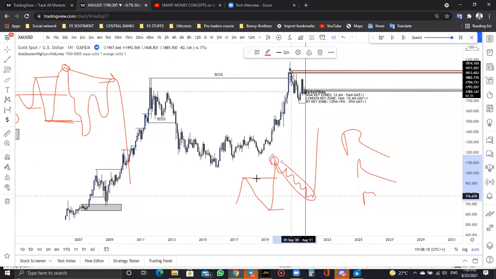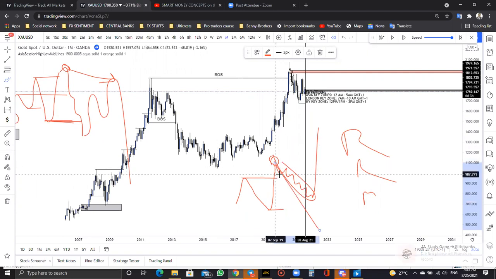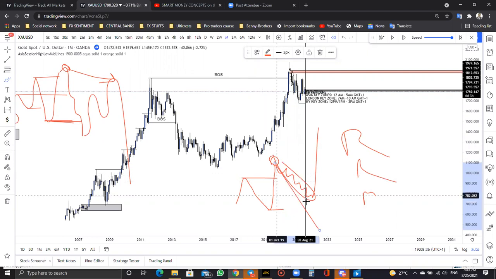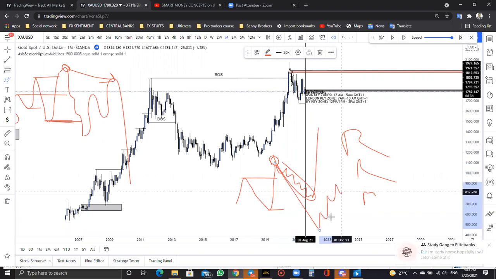No, because once an old high is taken, we expect movement like this. We expect the momentum to be rapid. We expect an aggressive move after an old high is taken. When we now see this aggressive move, we now expect momentum to be slowing down gradually.